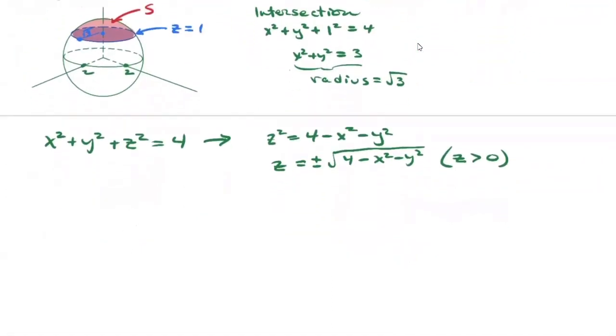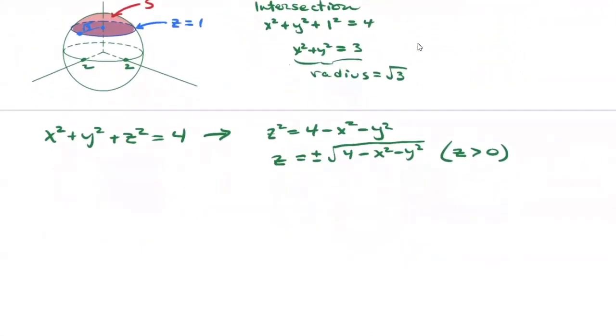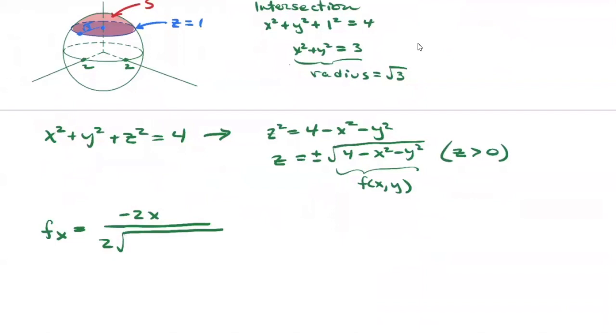Okay, and now let's take derivatives. So this is our f of x, y. So fx is going to have a negative 2x over 2 square roots. That's the negative 2x is the derivative of the inside, and the derivative of the square root is 1 over 2 square roots of.